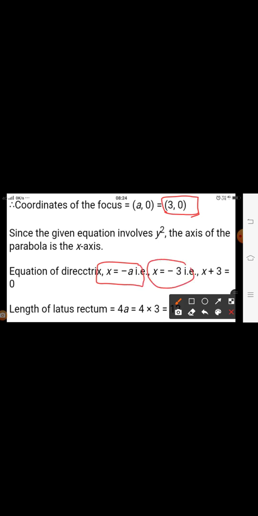So x is equal to minus 3, which we may write as x plus 3 equal to 0. The length of the latus rectum is 4a, and with a equal to 3, 4 into 3 is 12.